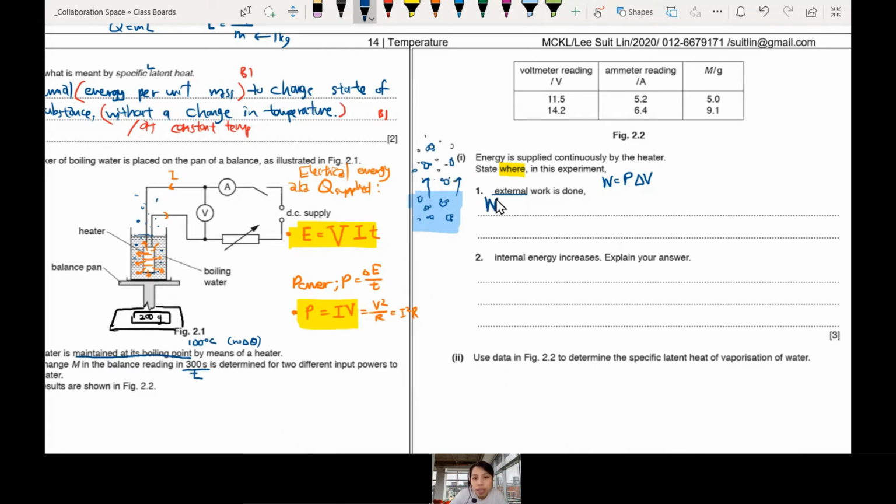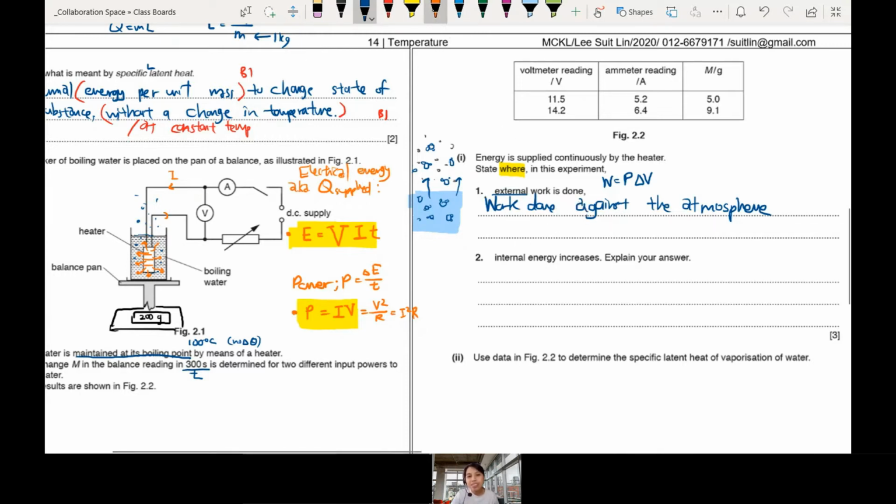So here we can say work done against the atmosphere. If your air outside doesn't have a lot of particles, it's very easy to boil water. In a short while, everybody can come out already because there's no need to do so much work to get out.